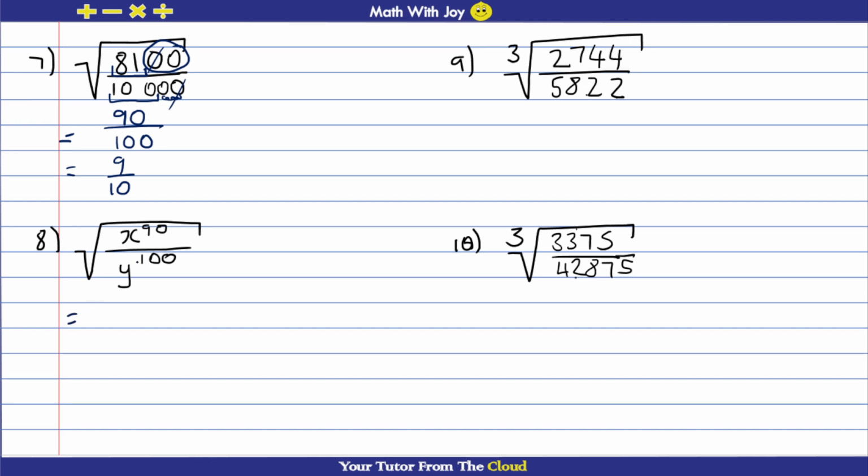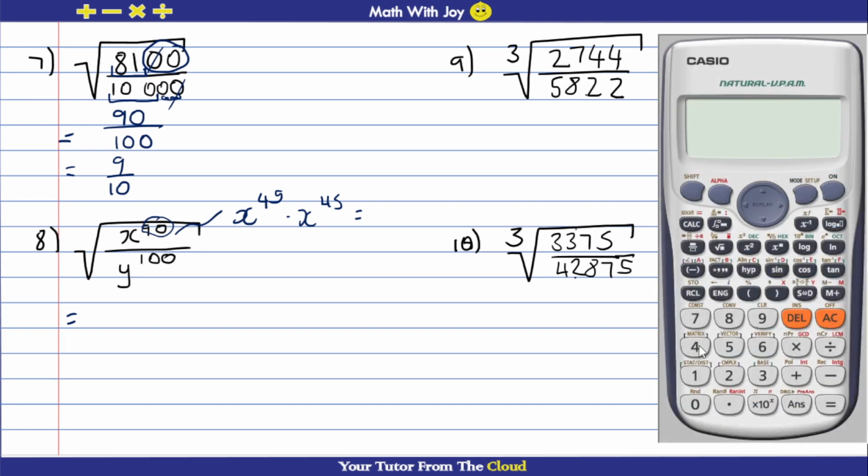And this question over here, we've got the square root of x to the power of 90 over y to the power of 100. So again, you want to ask yourself, what can I multiply by itself to give us x to the power of 90? What about x to the power of 45, which is half of 90? x to the power of 45 times x to the power of 45. That means I will have to add those exponents, right?